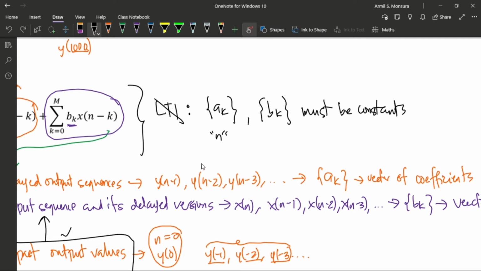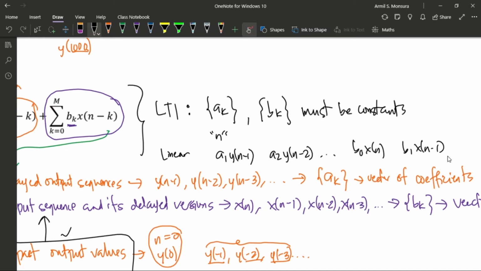Also, ang isa pang natin is that a system is linear pag ma-isolate nyo yung bawat term. So dapat ang makikita lang talaga natin dyan is yung product ng constant coefficient at saka nung sequence. Say for example, A1 times y of n minus 1, and then A2 y of n minus 2, and so on. Tapos B0 x of n, B1 x of n minus 1, and so on.